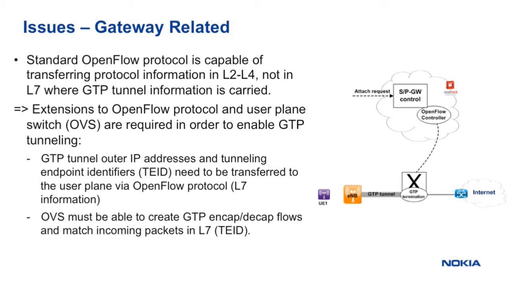When we built our research prototype, there were many issues we had to solve. First of all, the standard OpenFlow protocol is capable of transferring protocol information only in layer 2, 3, and 4, not in layer 7, where the GPRS tunneling information is carried. For these reasons, some extensions to the OpenFlow protocol and user plane switches are required in order to enable this mobile-specific tunneling.